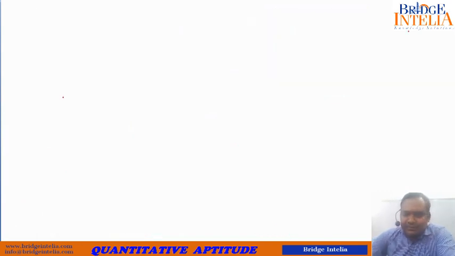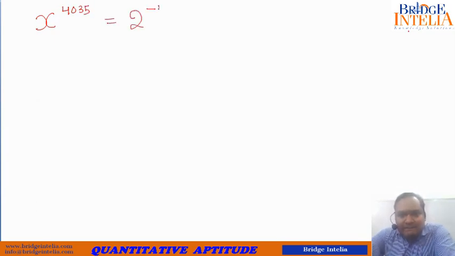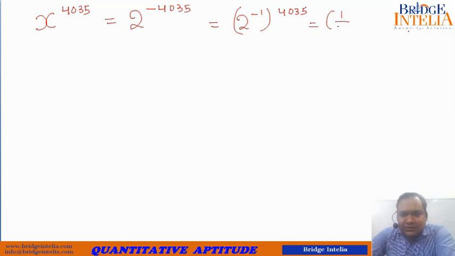So let's move forward. Now we have seen that x to the power 4035 is equal to 2 to the power minus 4035. So this is actually (2 to the power minus 1) to the power 4035, which is nothing but 1 by 2 to the power 4035.